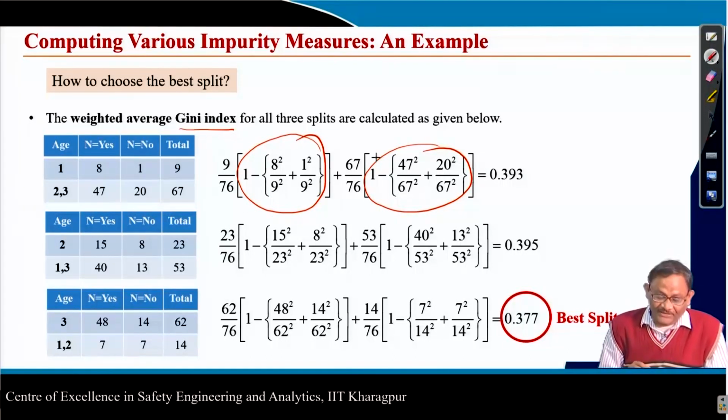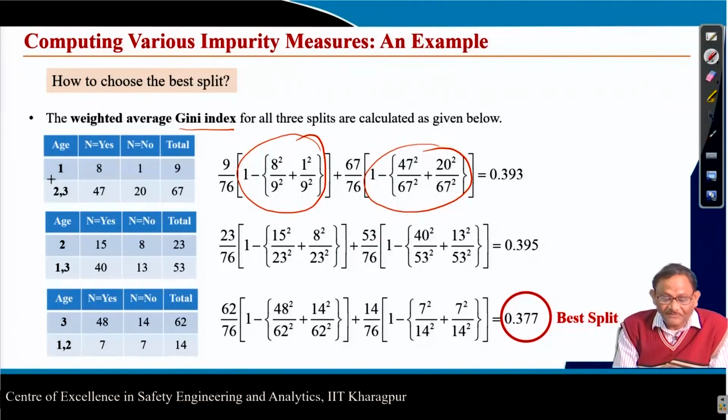But please understand, you have to use the probability also, because in this split, for the first one the total number of observations is 9, whereas in the second, age 2 and 3, it is 67. So these measures will be weighted by 9 by 76 for age 1, and 67 by 76 for age 2 and 3.